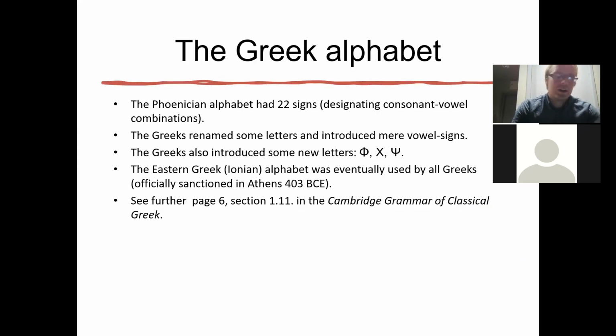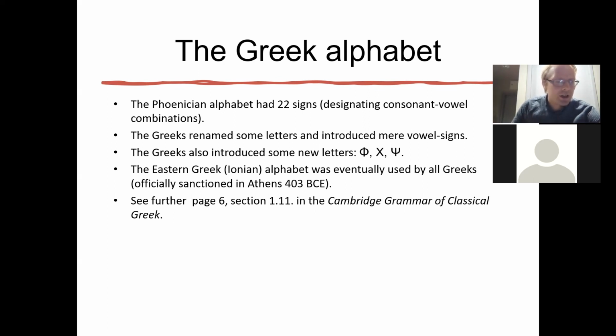All the same, from the Phoenicians, the Greeks received an alphabet consisting of 22 symbols, each of which designated a consonant followed by a vowel. To this Phoenician alphabet, the Greeks then added symbols designating only vowels.